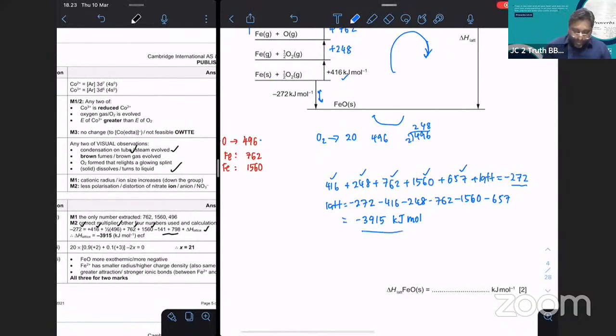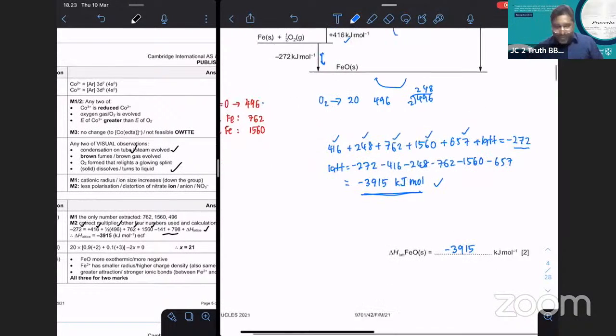So our answer must be correct, unless I didn't calculate properly or made a mistake over here. But the final answer, you should get negative 3915. Lattice energy is always going to be negative. So okay, thank you, Ashley.